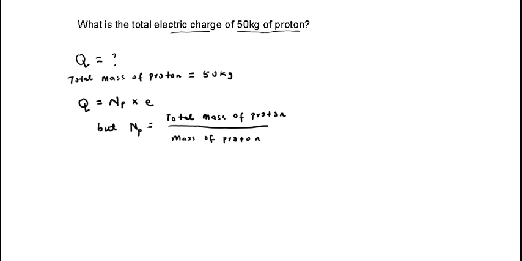So when you divide the total mass of proton by the mass of one proton, you are going to have the number of proton.